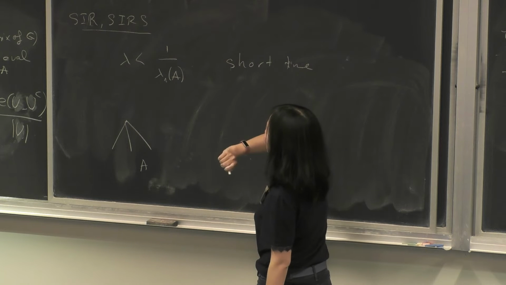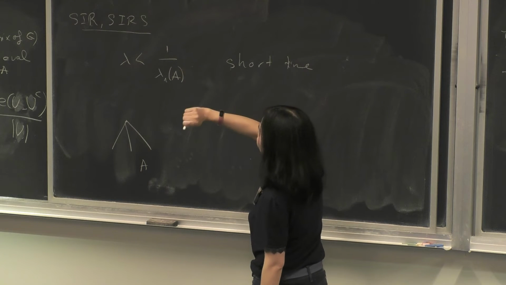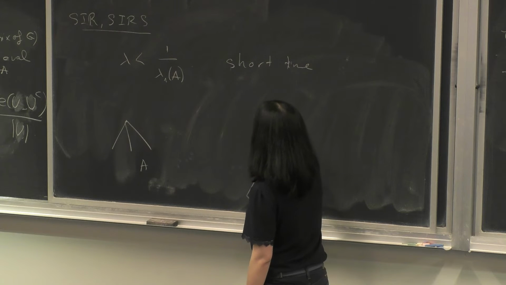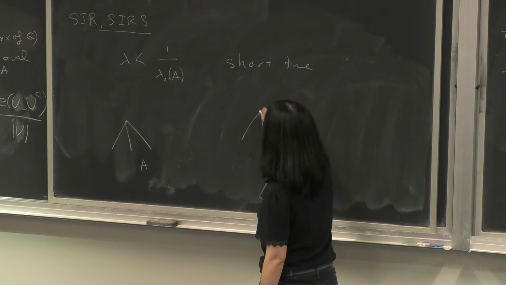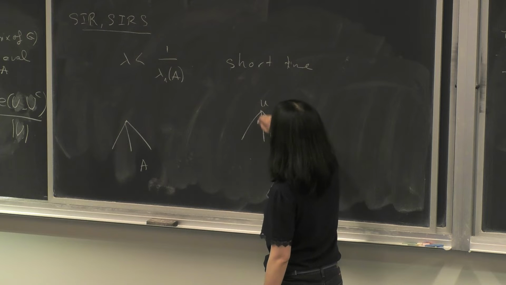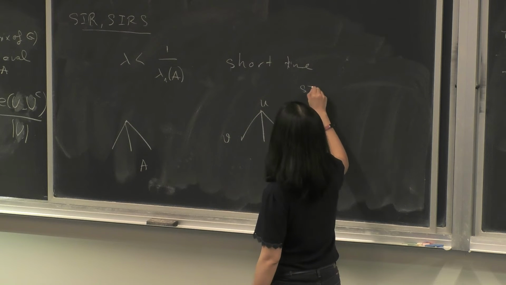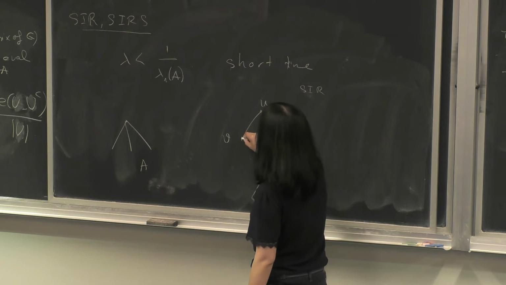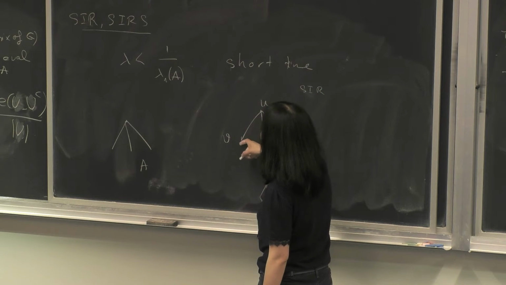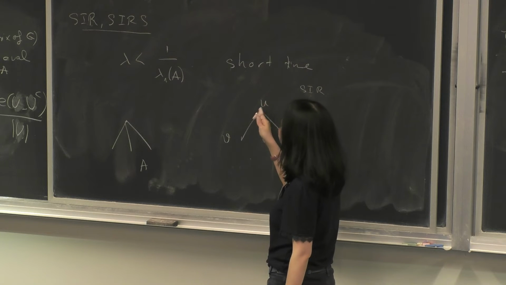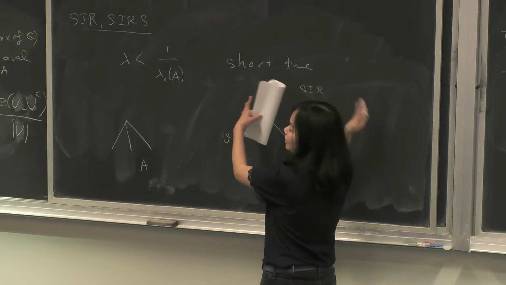But for these, if vertex U is infected, it sends the infection to a vertex V. Let's say SIR, for instance, then we don't care about whether V reinfects U, because after U is infected, it will be removed.